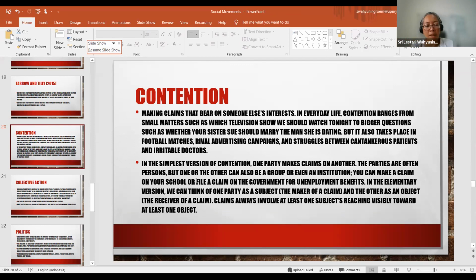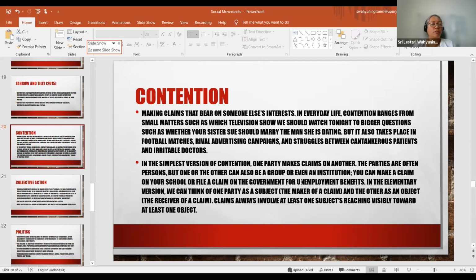In the simplest version of contention, one party makes claims on another. The parties are often persons, but one or the other can also be a group or even an institution. You can make a claim on your school or file a claim on the government for unemployment benefits. In the elementary version, we can think of one party as a subject, the maker of a claim, and the other as an object, the receiver of a claim.